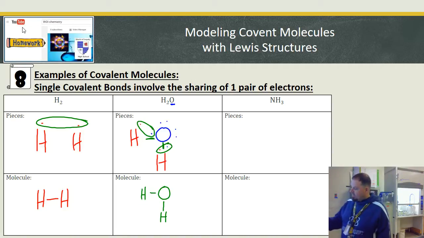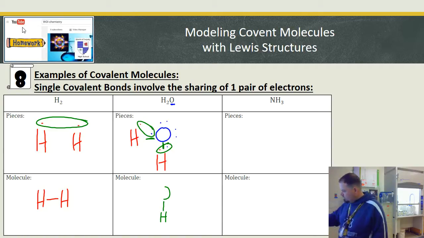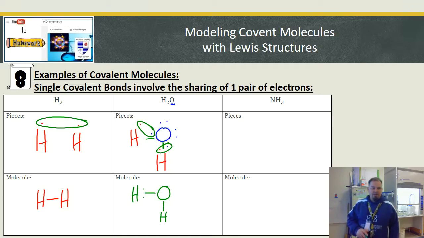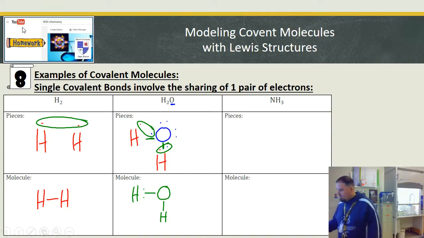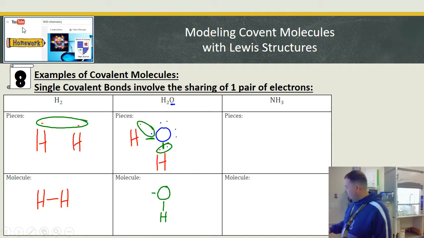What I don't want to see is their electrons unpaired like that in there. I don't want to see something like that. Okay, because now it's like more electrons than should be there. Because there are 2 in the bond, so you need to count that as the 2 that are there.